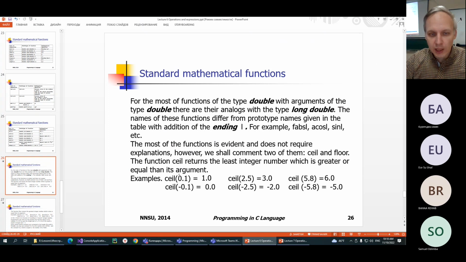For example, ceil 0.1 equals 1. Ceil 2.5 equals 3. Ceil 5.8 equals 6, but ceil minus 5.8 equals minus 5, because it is the integer that is close and greater.